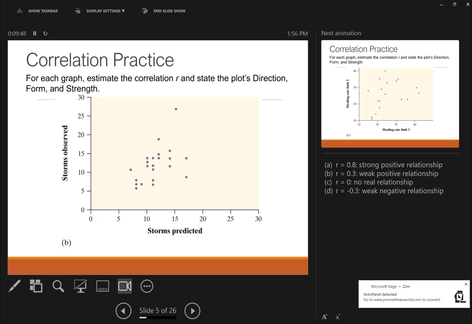Oh, you think it's an upside down quadratic? Yeah, I think this guy at the top is ruining that for you. I'd still call this linear. It's just not. I think that's the best you're gonna do. And the strength here would be weak or very weak, right?